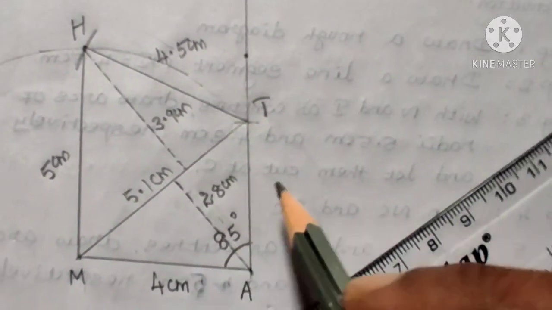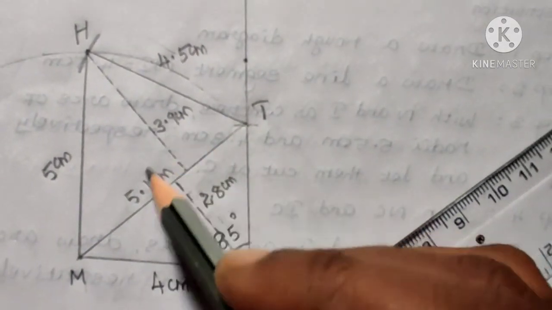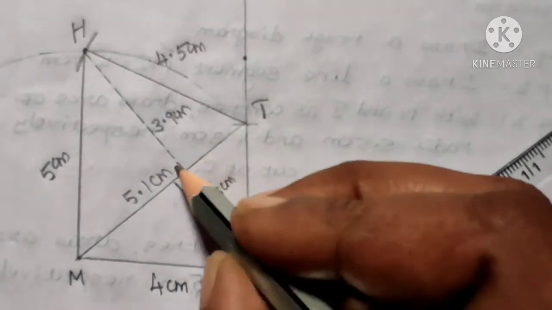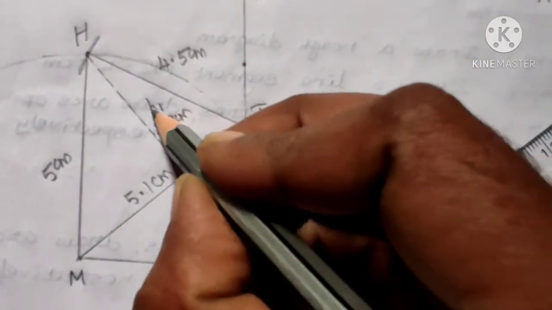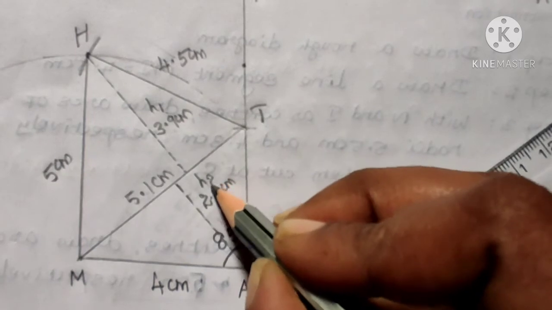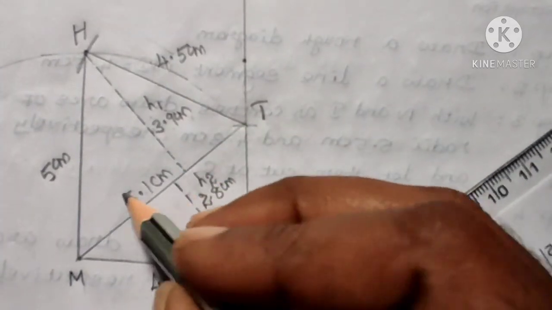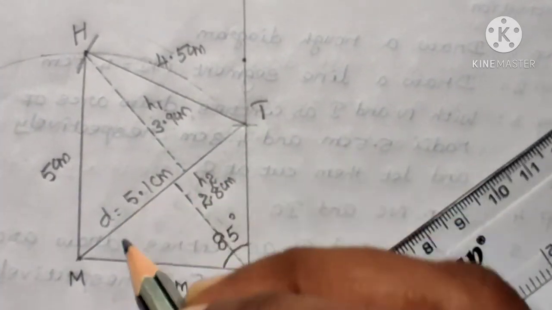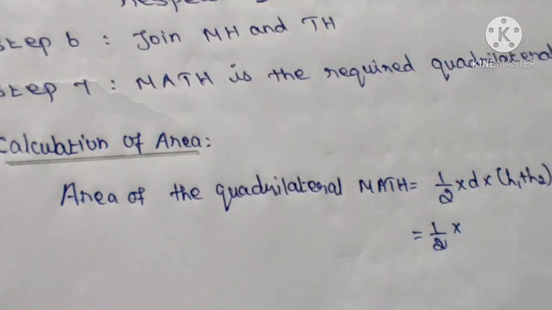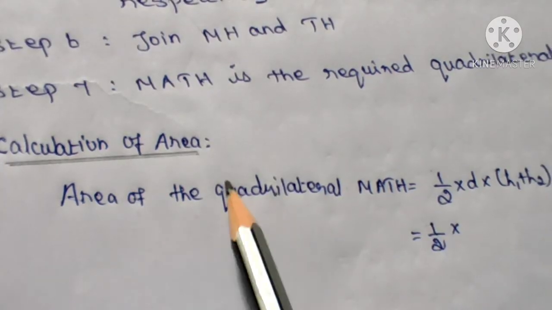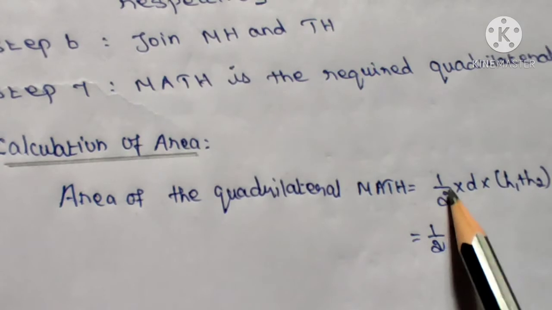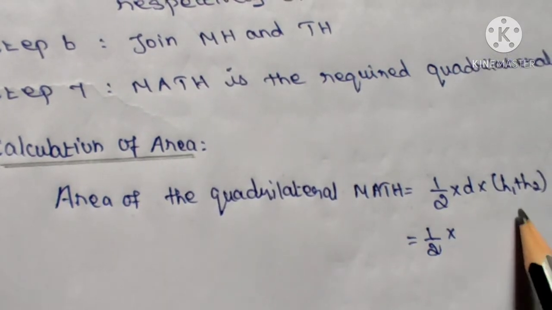So using these three measures, take this as height 1, and this as height 2, the H1 and H2 values. This one is the diagonal value D, 5.1 centimeter. See the calculation of area. Area of the quadrilateral MATH is equal to half into D into H1 plus H2.